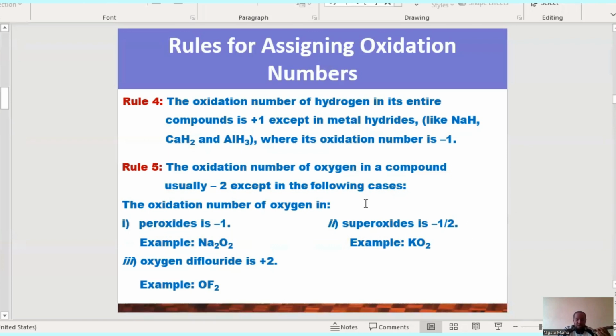In superoxides, such as potassium superoxide, it is negative one half. In oxygen difluoride, OF2, the oxidation state of oxygen is positive 2, the only compound in which it is positive. Fluorine is the most electronegative element, so it becomes negative, and oxygen is the second, so oxygen becomes positive.